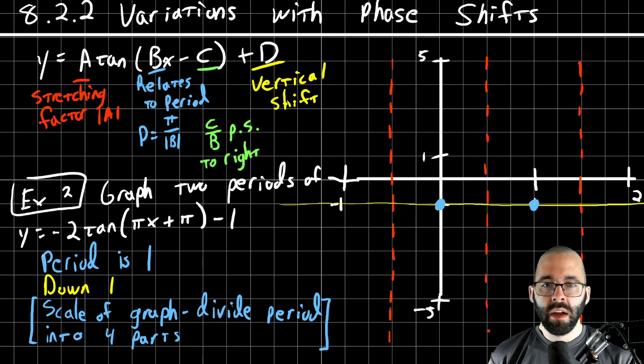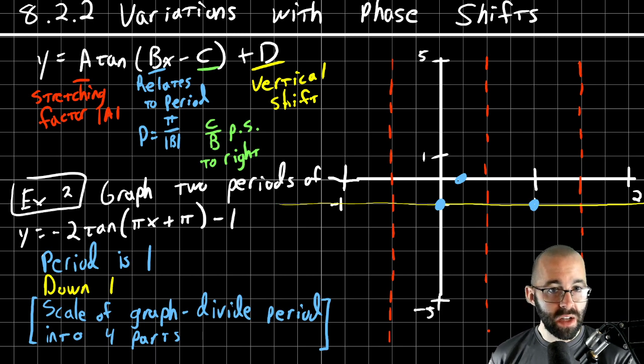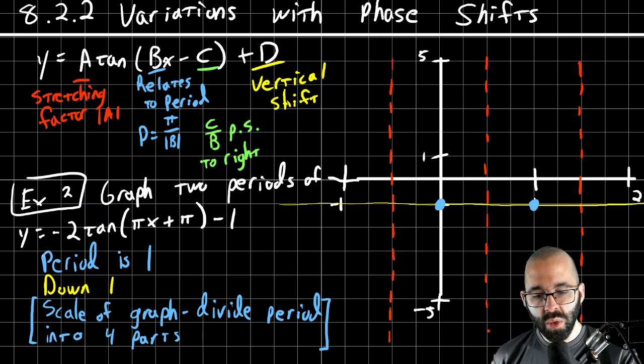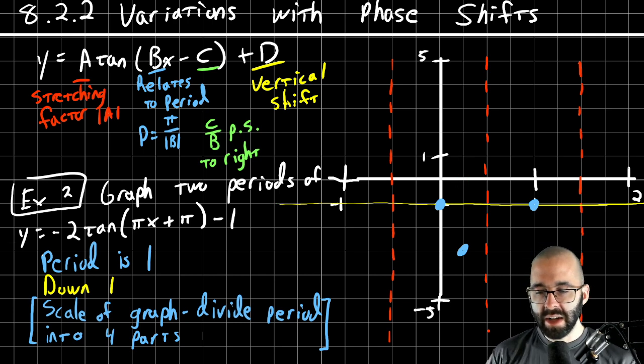Okay. Well, now normally it would go up 1 at a quarter of the period, halfway between the middle and the asymptote. But look at our stretching factor. Normally it'd go up 1, but because we're multiplying by -2, we're actually going down 2. Normally we'd be going up 1 from the middle to get here, but we're actually going down 2.